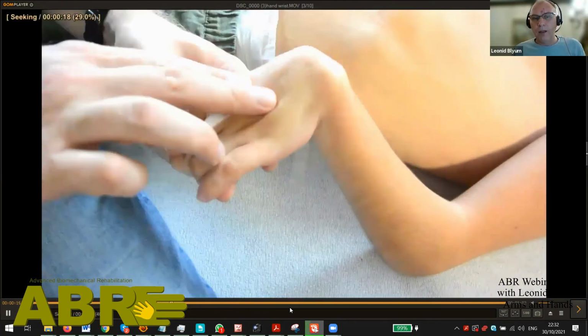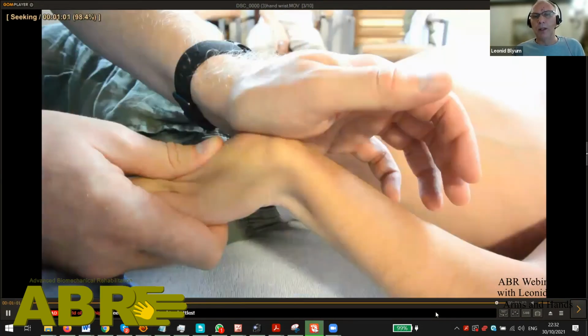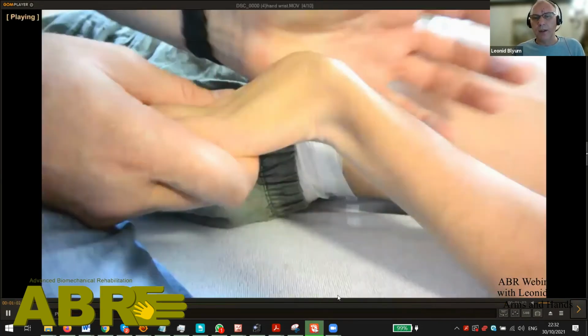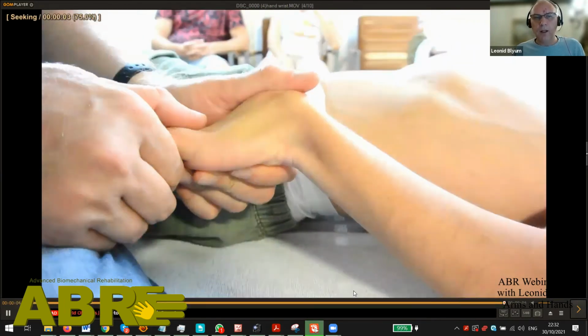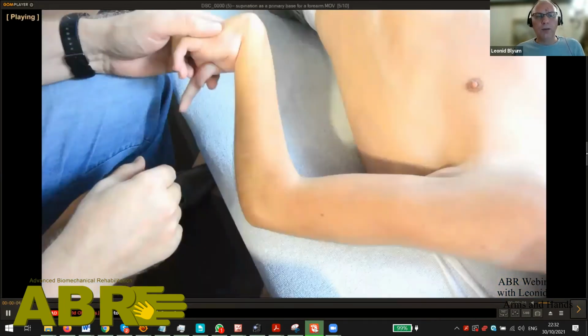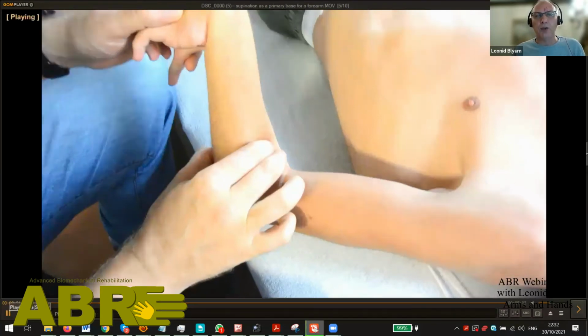And probably I should show one more thing here, which also made me completely fascinated in this particular boy. This is the conversation about the difference between pronation and supination.